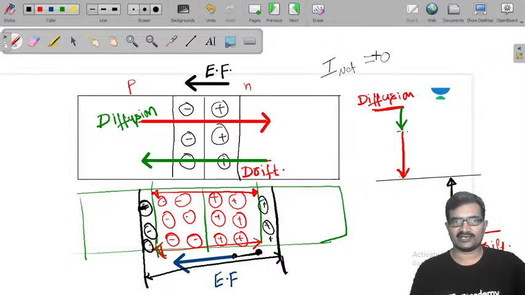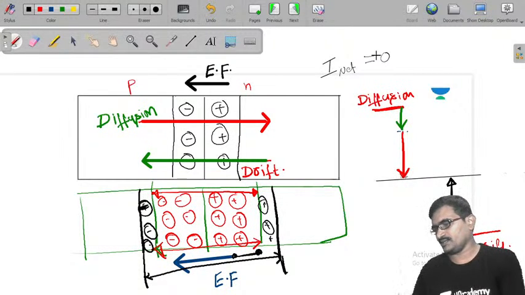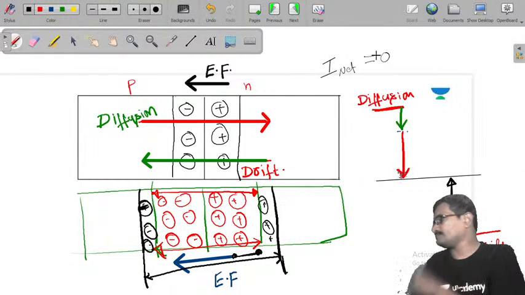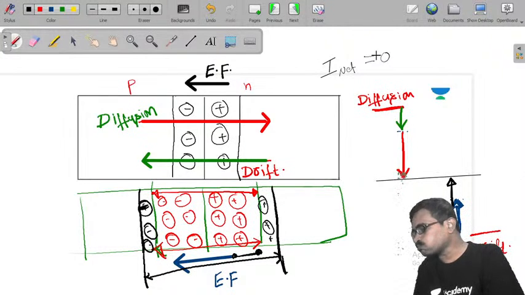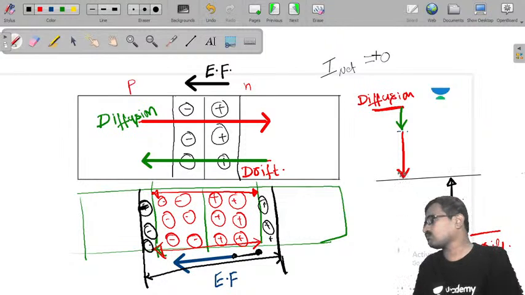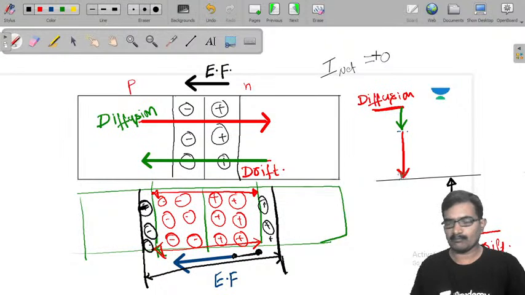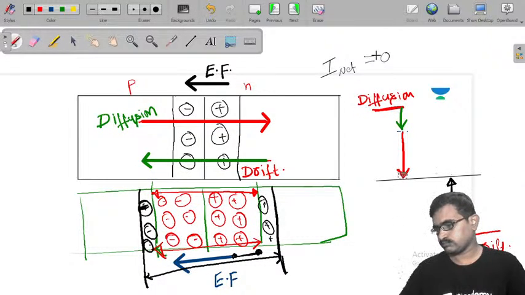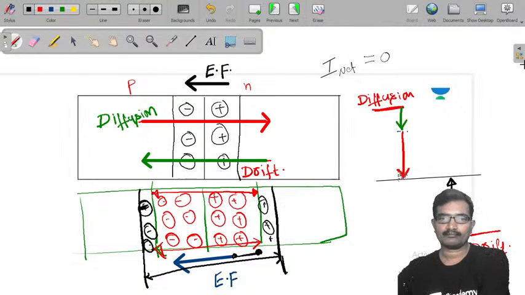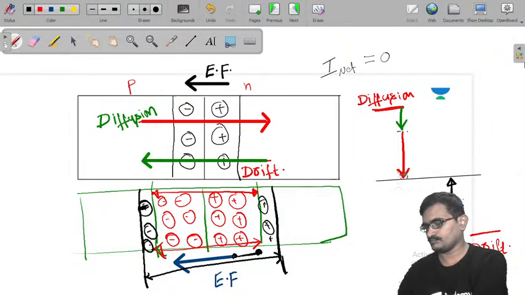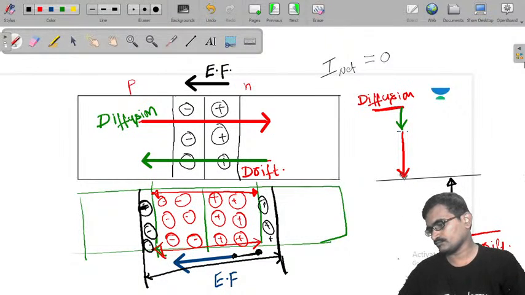Okay. So students, please take a note of this diagram. This is very, very important. Okay, next.